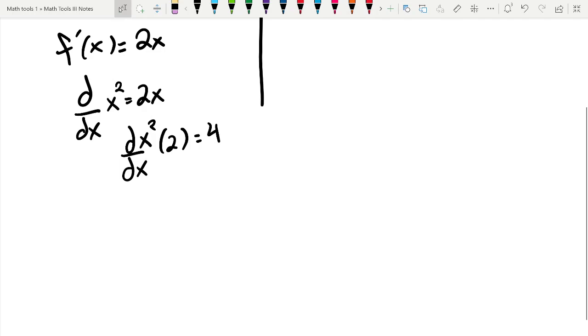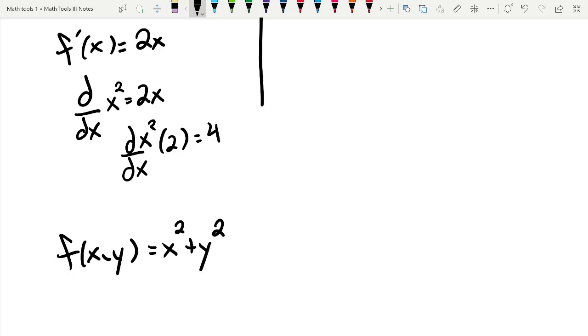So if we have a function f(x, y) equals x squared plus y squared, then this function is going to change, meaning the output of the function will have some kind of rate of change associated with changing the x value, but then it's also going to have some sort of rate of change associated with changing the y value. So there's kind of two different rates of change going on here, one for the x and one for the y.